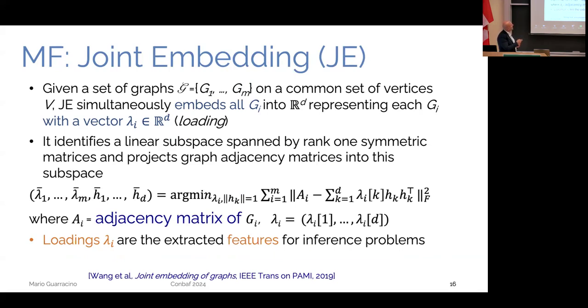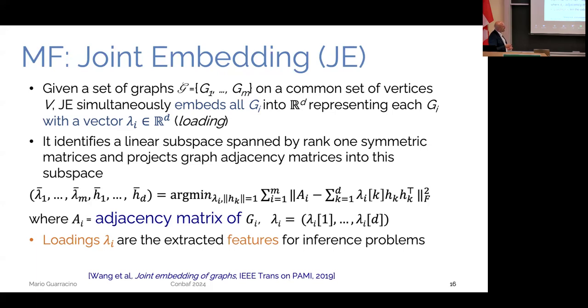So suppose that we have a set of graphs, G1 to Gm, again on a common set of vertices, and the joint embedding embeds all the graphs into a vector space with d dimensions, in which each graph is represented by a vector lambda i. How do we obtain this representation?